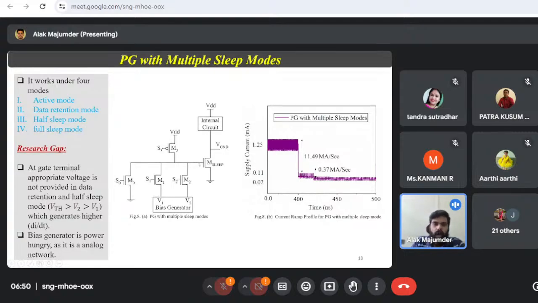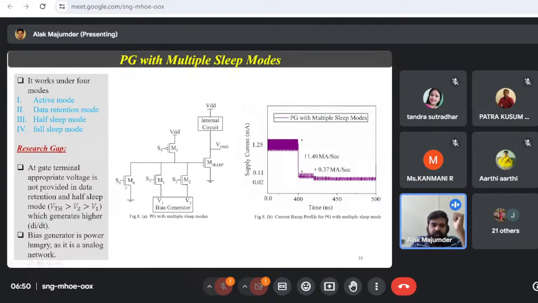So how are we going to vary it? We are going to vary depending on the polarity we put at these particular nodes S0, S1, S2, and S3. Right? For example, if I put S3 equals to 0, this M3 will turn on and the full VDD you will get at the gate.